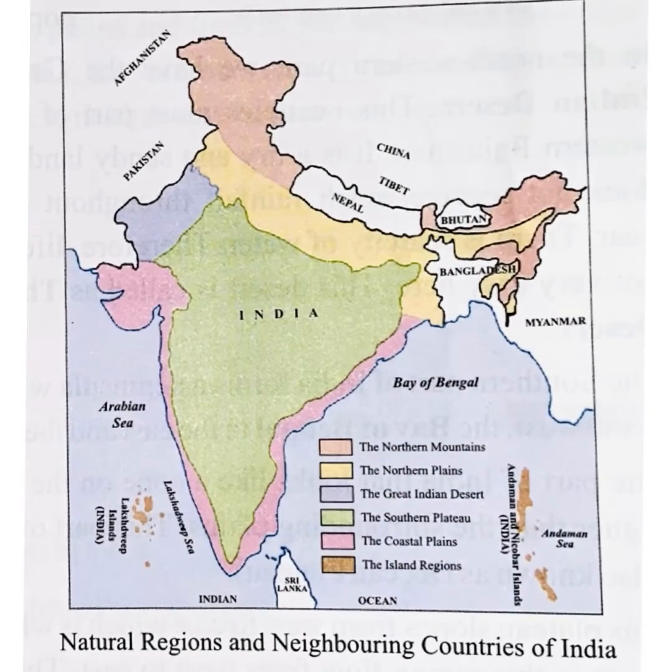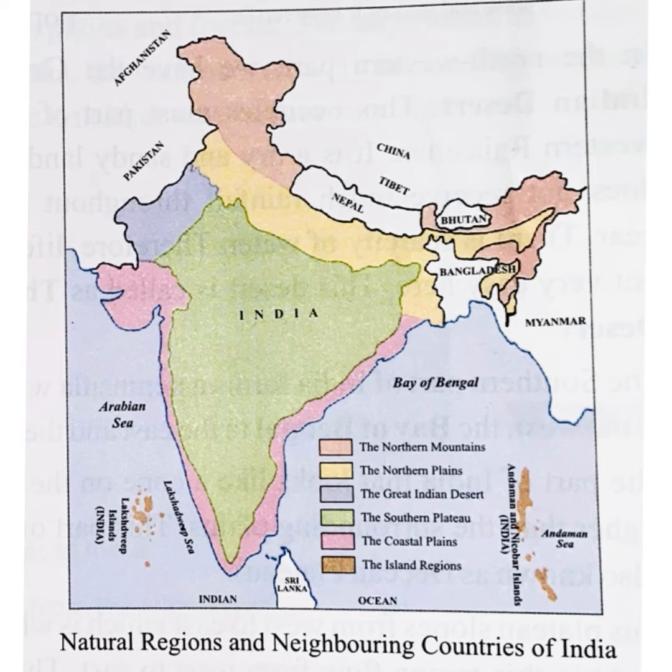Now these were about the neighboring countries of India. Now we are going to talk about the landforms of India. There are different types of landforms in different regions of India. Some regions have mountains, some regions have deserts, some regions have valleys, some regions have beaches.